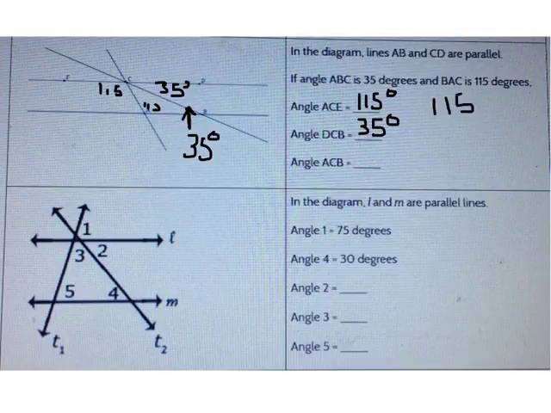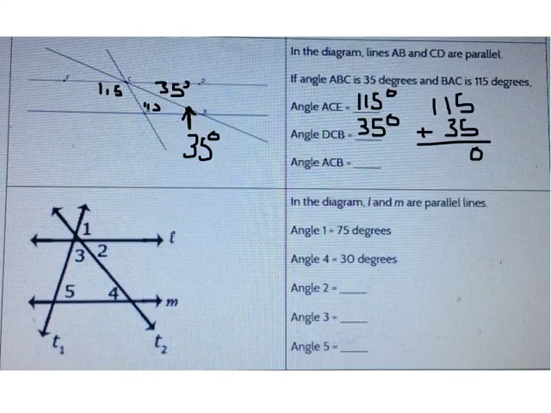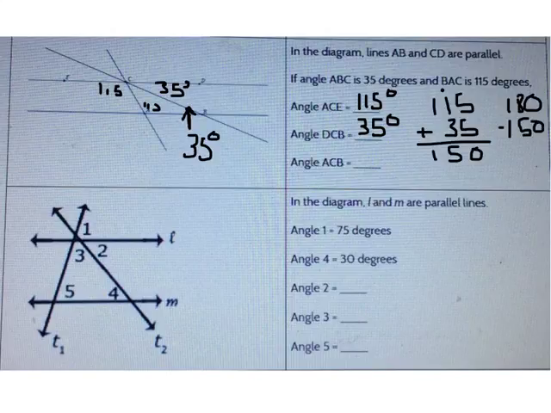What's 115 plus 35? 5 plus 5 is 10. 1 plus 1 plus 3 is 5. It's 150. What's 180 minus 150? It's 30. Angle ACB is 30 degrees.